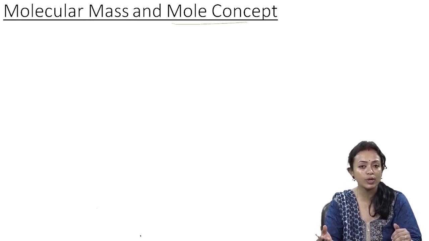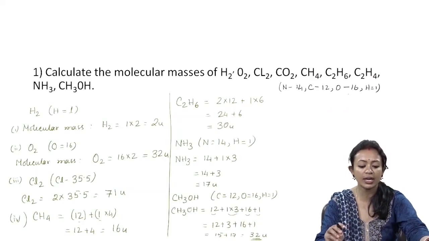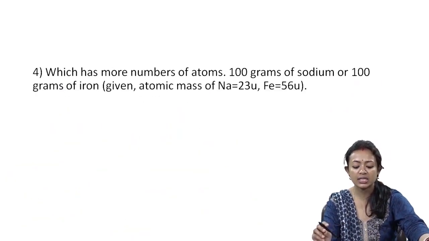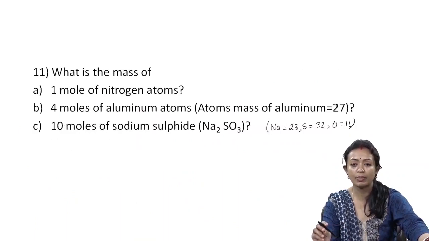In the mole concept, the number of species of particles present, whether atoms, molecules, or ions, will always be equal to the molar mass of the substance. So taking this into account, we had formulated certain numericals, and on the basis of that we had solved some numericals.